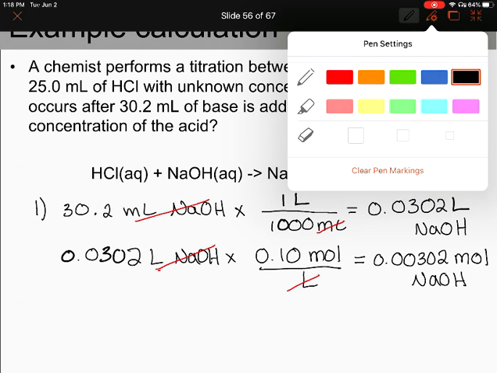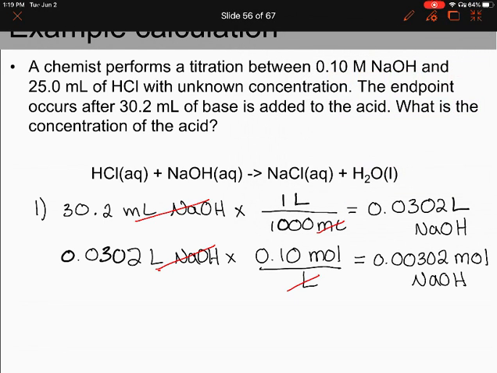Perfect. Okay. So now in step 2, let's use our ratio of acid to base in our equation above to determine how many moles of acid we had in our flask. Because if we know the ratio, then we can figure out the moles.